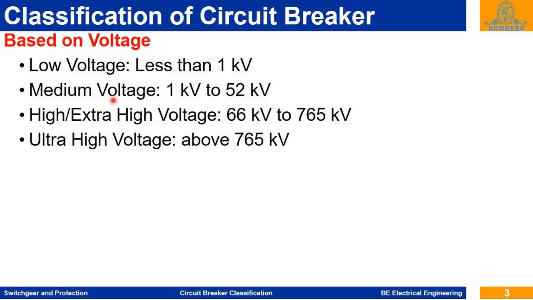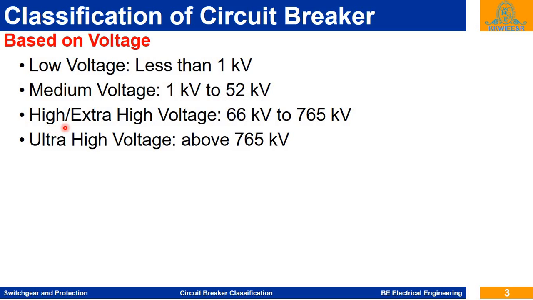Next is the medium voltage circuit breaker, MV circuit breaker. It ranges from 1 kV to 52 kV. Generally this medium voltage is used in the distribution of electrical power.